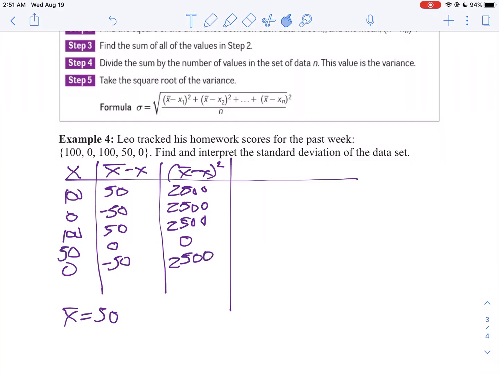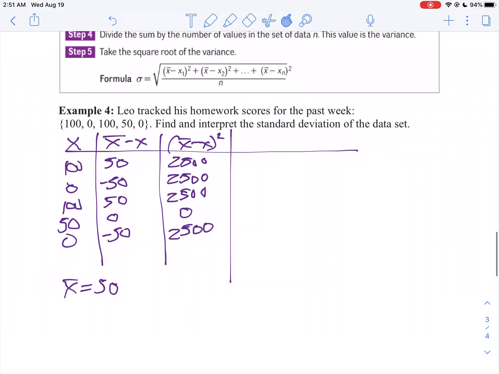Then to find the variance, we're going to find the average of these numbers. Well, we see here, I've got 5,000 plus 5,000, so I've got 10,000.